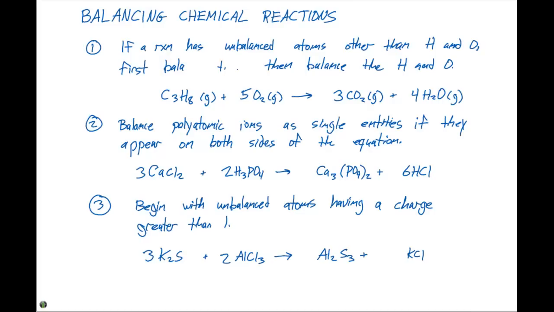This gives us 3 sulfurs, 2 aluminums, so everything is balanced with that first complex on the right. The KCl, we now have 3 times 2 or 6 potassiums and 2 times 3 or 6 chlorines. So we need to put a 6 in front of the KCl. So that will allow us to double check to make sure that we have the right number of atoms on each side of this particular equation.